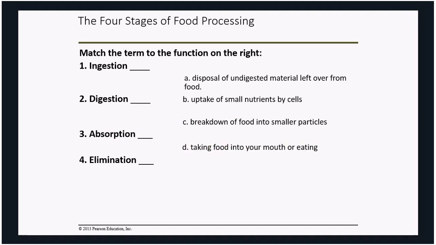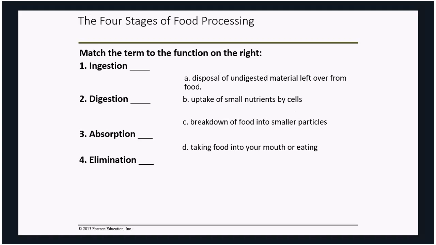Here is a matching question. These 4 things are the 4 stages of food processing: ingestion, digestion, absorption, and elimination. Let me get a pen here. Ingestion is literally just taking food into your mouth, or eating.